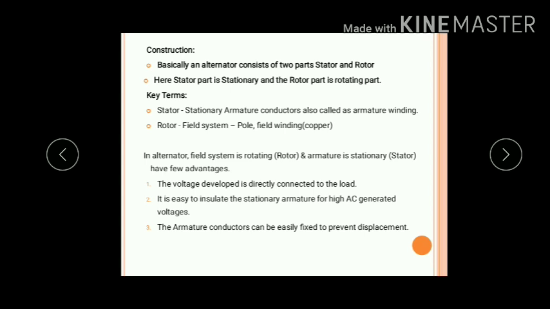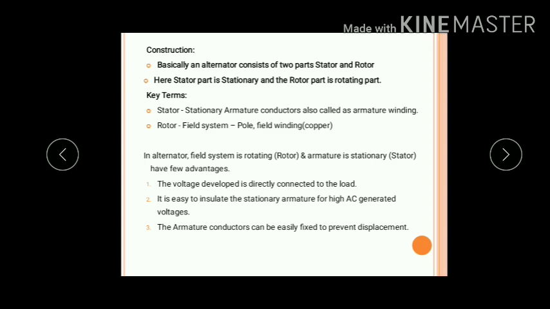Now there are a few advantages wherein the field system is rotating and the armature is stationary. The voltage developed is directly connected to the load. So whatever voltage is produced in the alternator, which can be observed in the stator conductors, can be easily tapped out or given to the load.